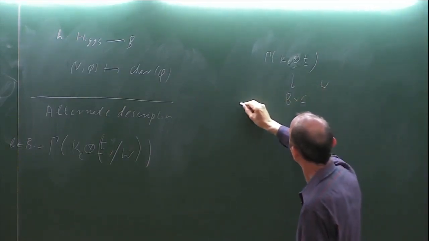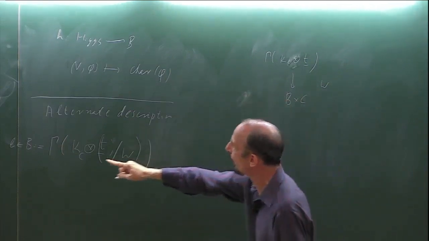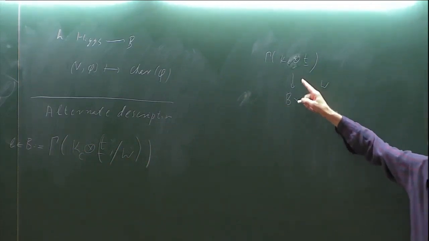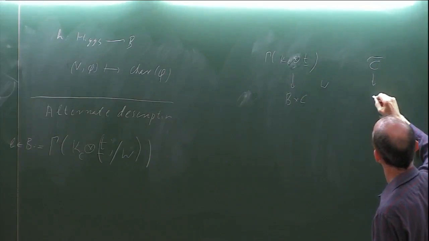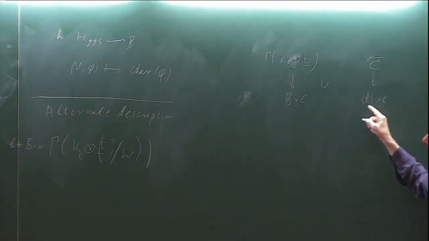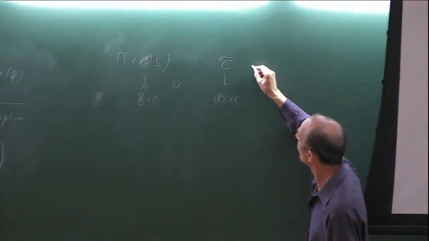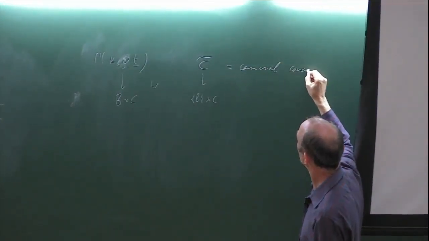But so a point B in the base determines a copy of the curve C, and its inverse image. So if you take one horizontal copy of the curve C, take its inverse image, that will be the cameral cover.